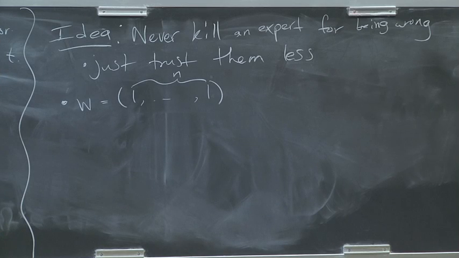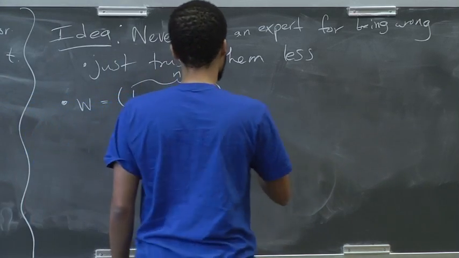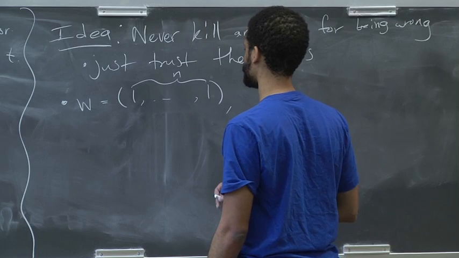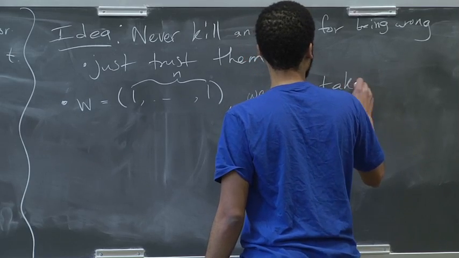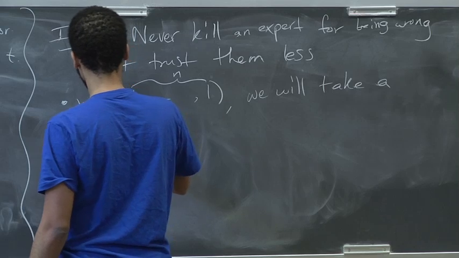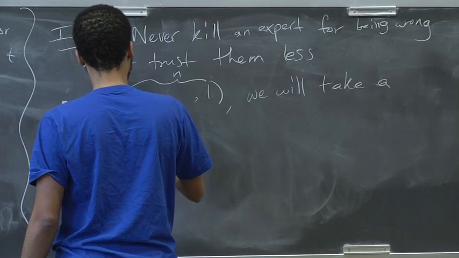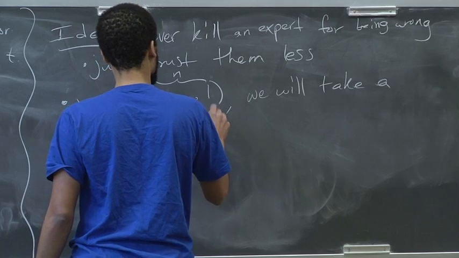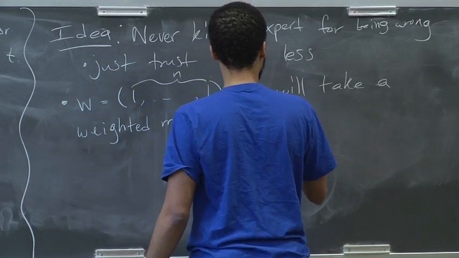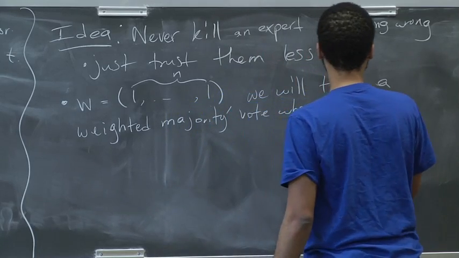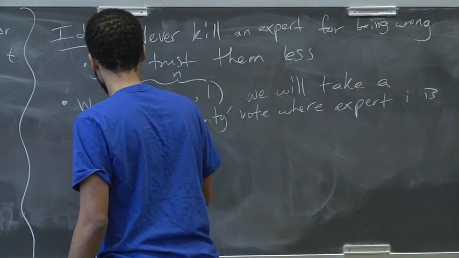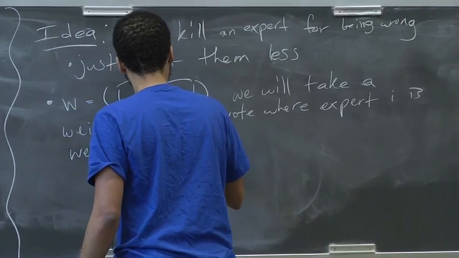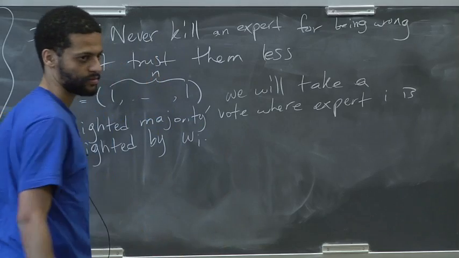This is like the weight in the majority. And we will take a weighted majority vote, where expert i is weighted by w_i.